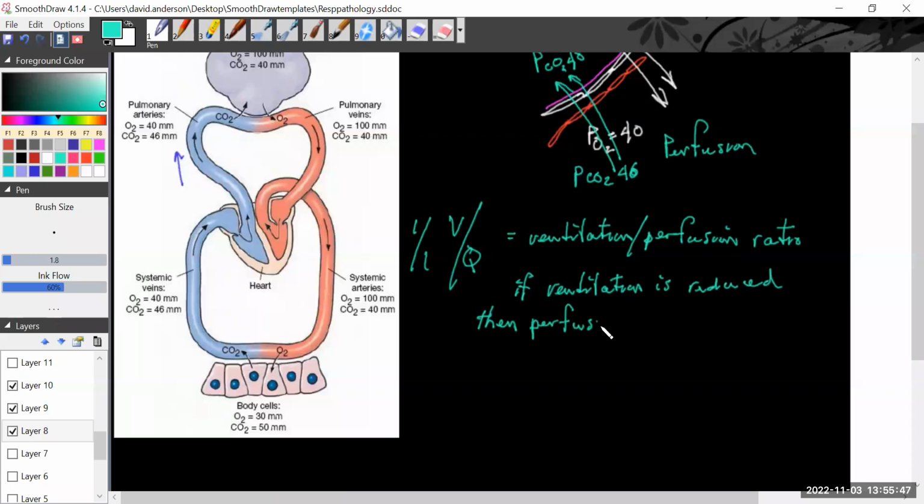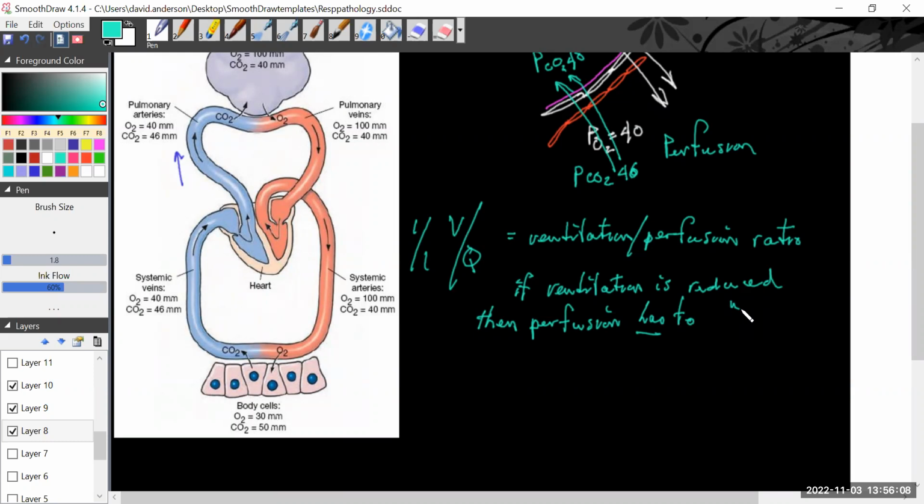It has to also be reduced. That has to happen in order to maintain that 1-to-1 ratio. And you can reverse that statement: if perfusion was reduced, then the ventilation in turn will have to be reduced.